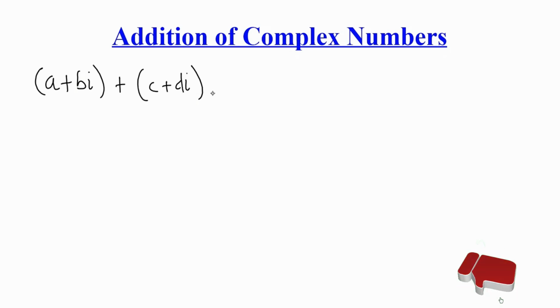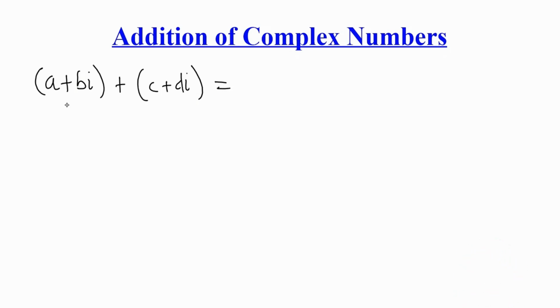So first, we are going to tackle the addition part of complex numbers. When we talk of the addition of complex numbers, it goes this way. Let's assume we have the complex number a plus bi, and it's being added to another complex number c plus di. Once you are summing, you have to consider two things.